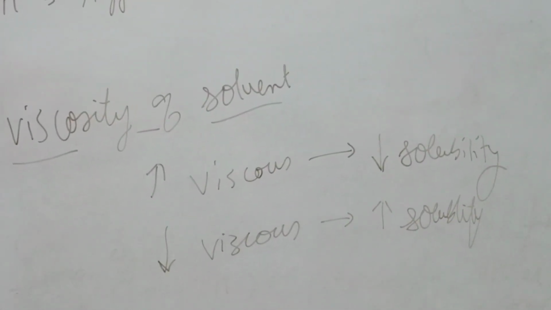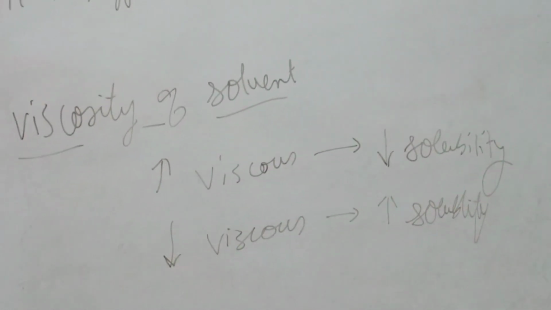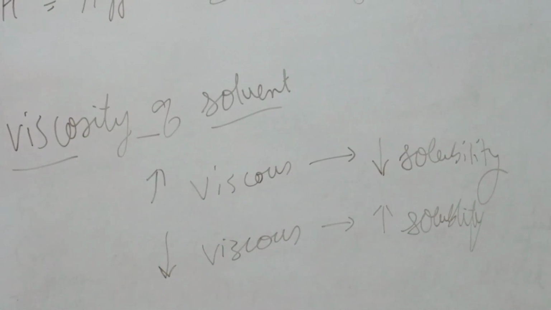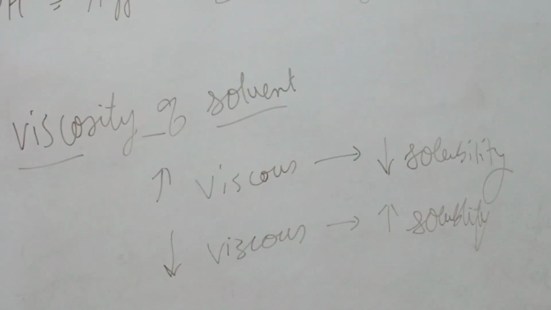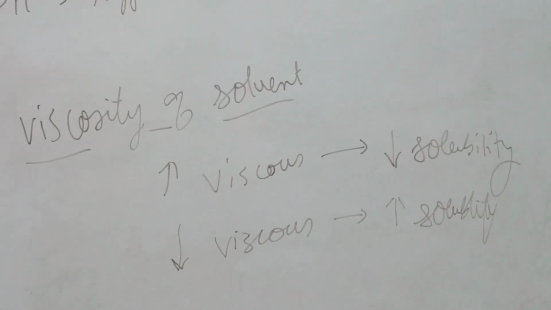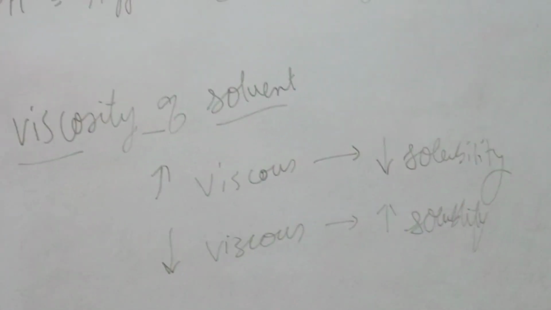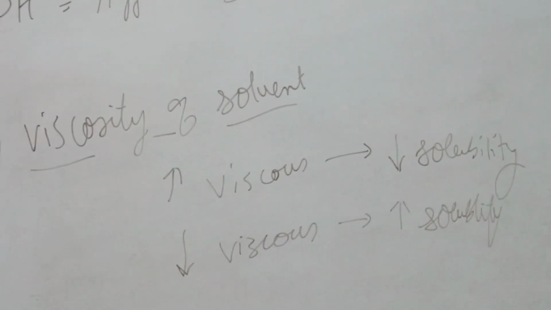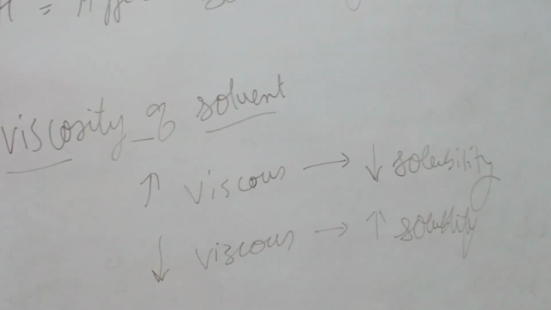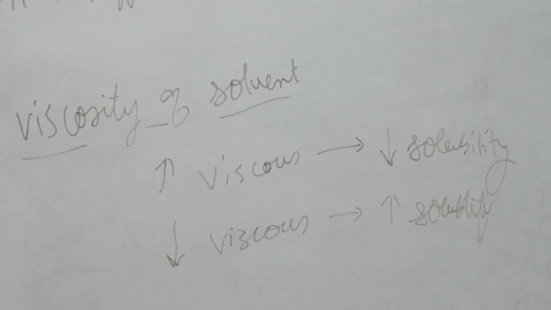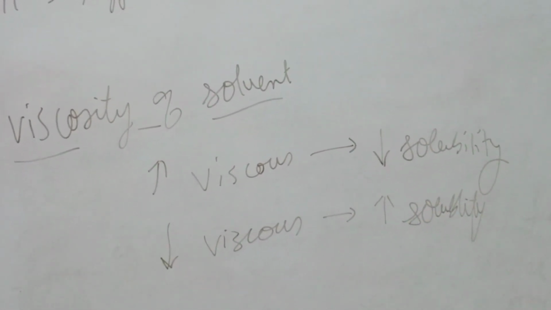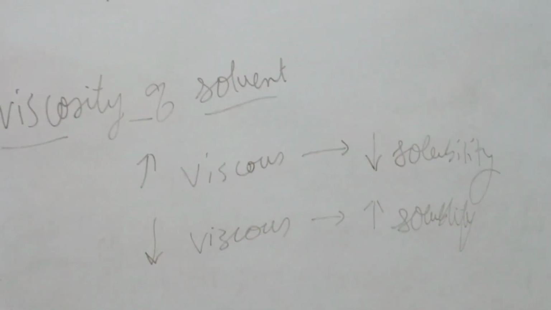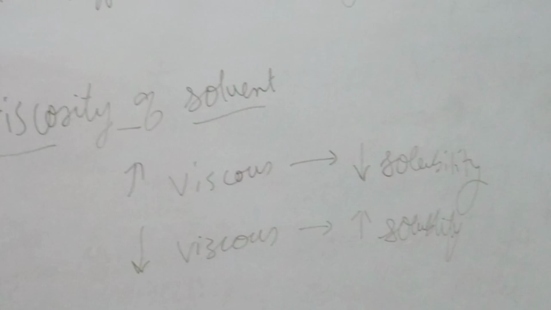Here again I am exemplifying that a viscous solvent has a very low solubilizing power compared to a less viscous solvent, which has very good solubility. The viscosity of a solvent can be reduced by exposing the solvent to temperature, or heat, which is helpful in reducing the viscosity and hence increasing the solubility.